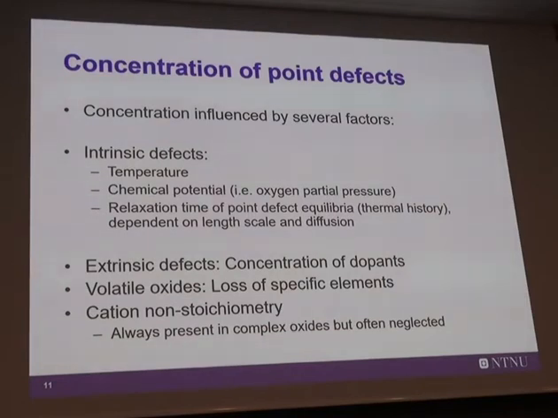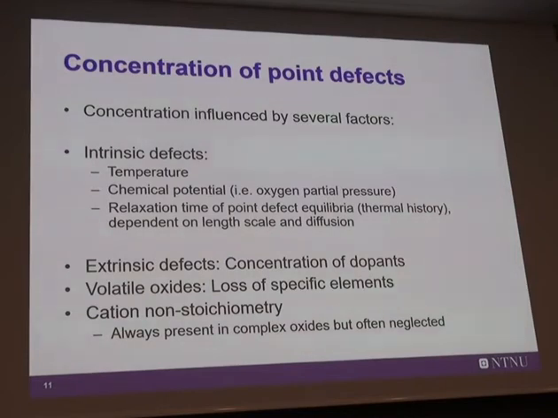And then the intrinsic defects don't really play a role. But in most cases, for example in ferroelectrics, you don't want defects necessarily. And you don't have any dopants. And it's not so easy to control the concentration of the different point defects. A second, or third, or fourth example is volatile oxide, which is really a huge issue in the ferroelectric community.